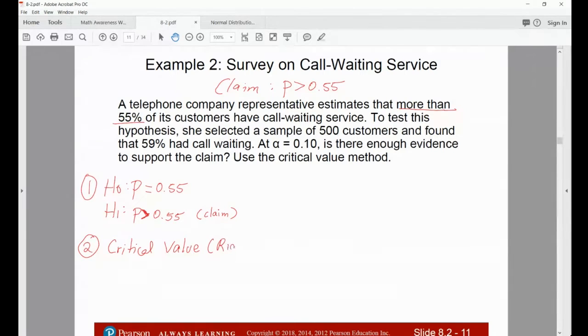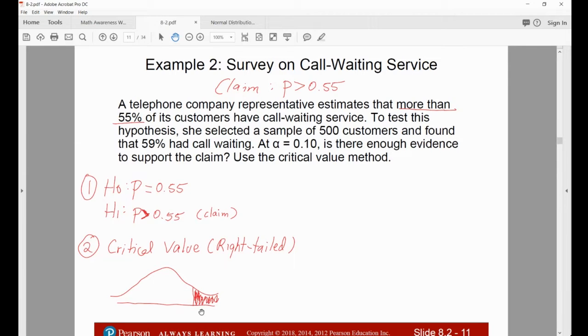So in this case, since we have a right tail test, do we need to find one critical value or two critical values? Only one. And is the critical value positive or negative? It will be positive, very good, because the critical region, the rejection region, will be the area to the right of the critical value.